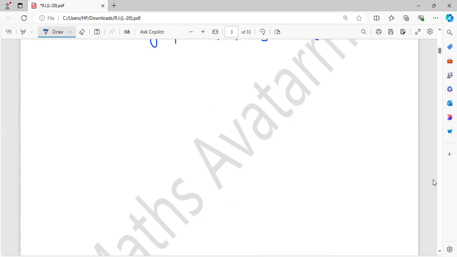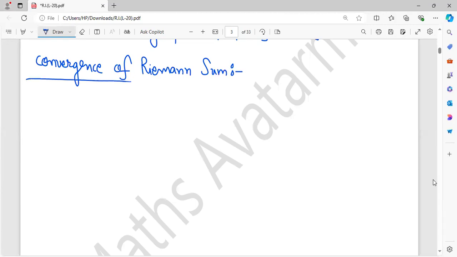How do we define convergence of Riemann sum? Let f: [a, b] → R be a function.